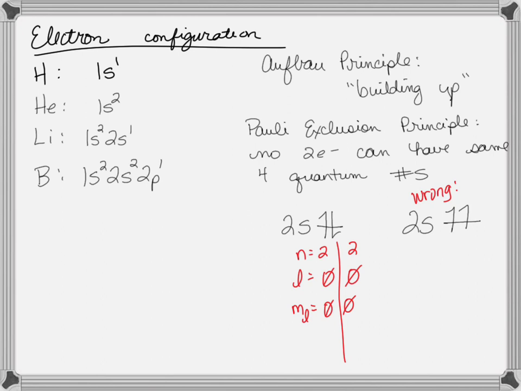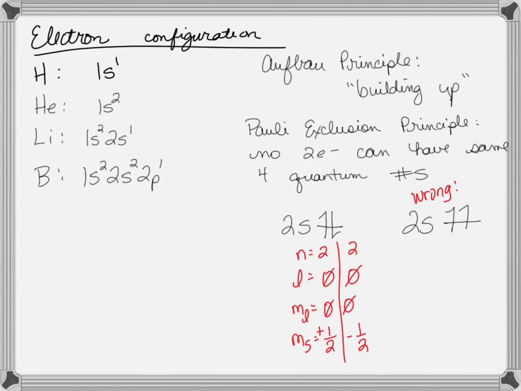The Pauli exclusion principle says they've got to have 4 unique quantum numbers. Do you see that the MS for the first one is positive 1/2 and the next one is negative 1/2 because they're spinning in opposite directions? Do you see that if we wrote them like this, they would both have the same 4 quantum numbers, and the Pauli exclusion principle says that can't happen? Okay? I mean, you can say it on the recording if you want to.